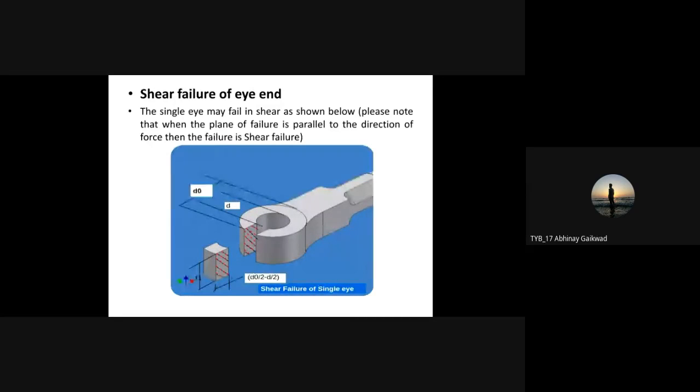Anybody of you? Will you please write in the comment box. I just want to know the resisting area for the shear. Hello?